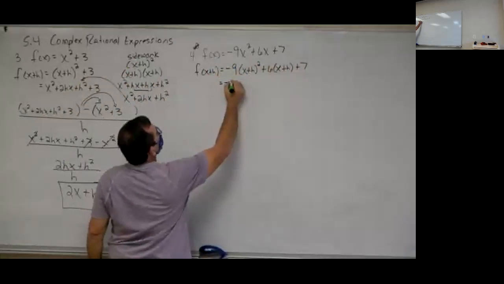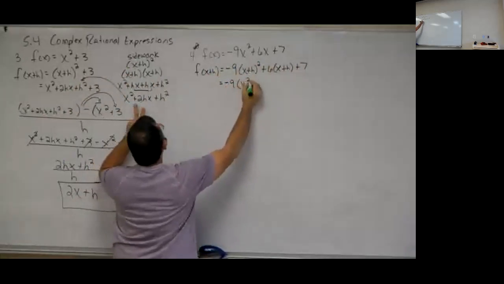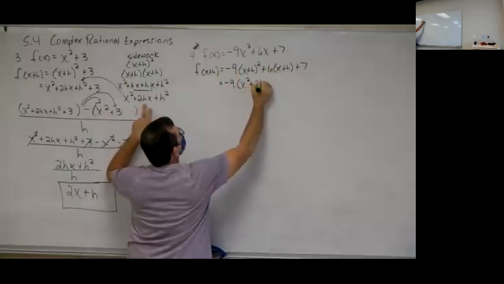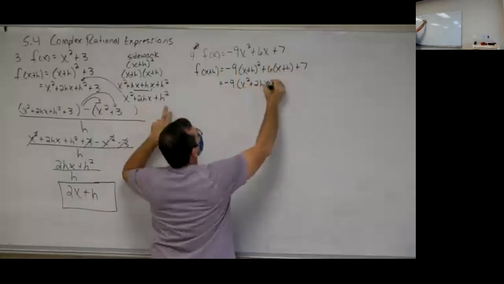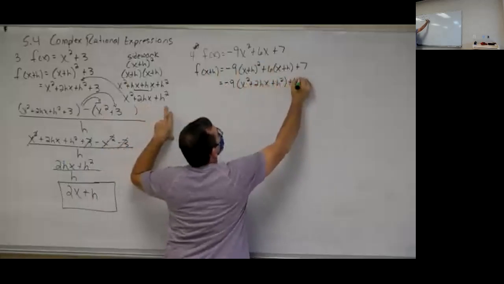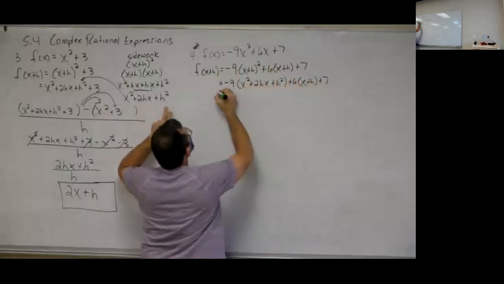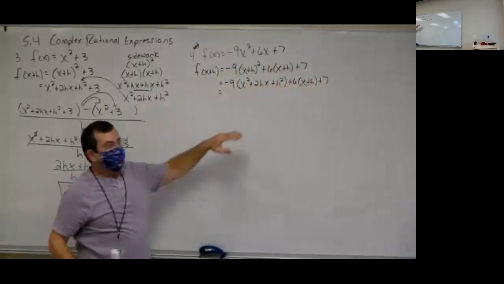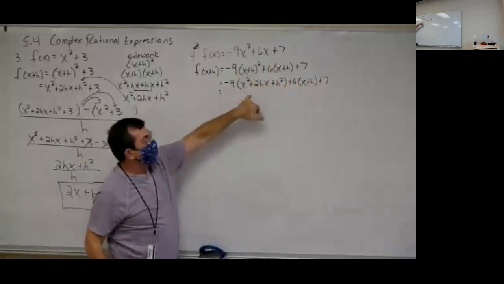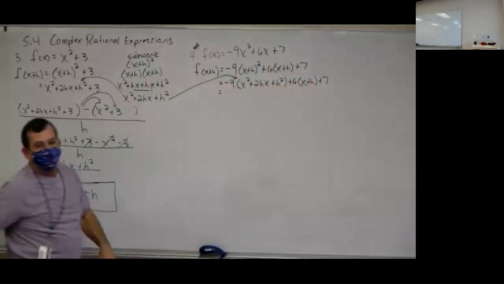I'm going to bring down my negative 9. I know what this equals. It equals x squared plus 2hx plus h squared. Then I'm going to bring everything else down. So all I did was replace that with this that we figured out long ago.